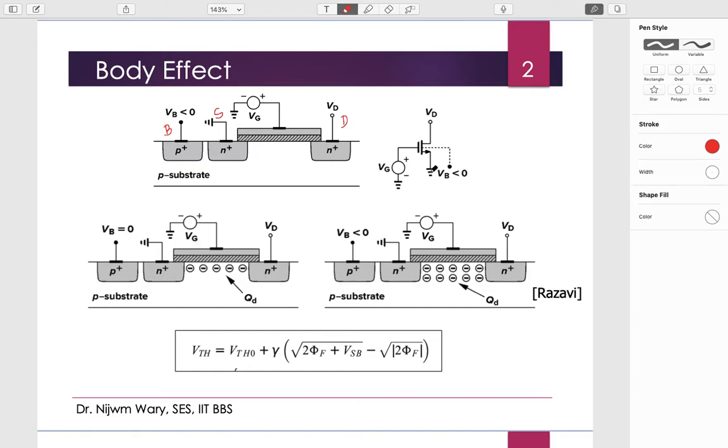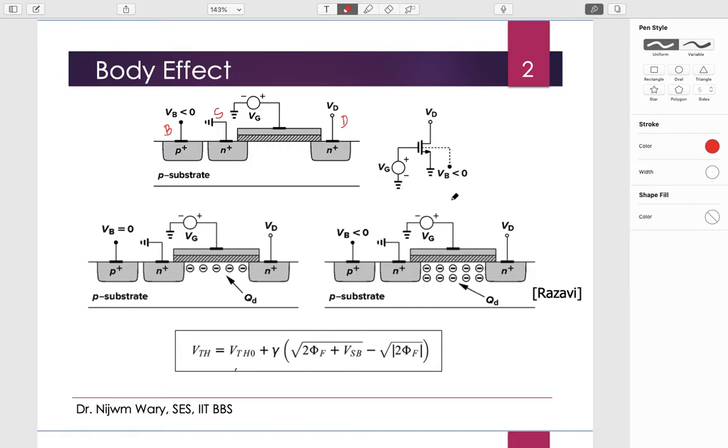We can see here the symbol of the NMOS. The VG is connected here, the source is connected to ground, the bulk terminal is connected to a potential less than zero, and of course the drain is connected to a potential VD.